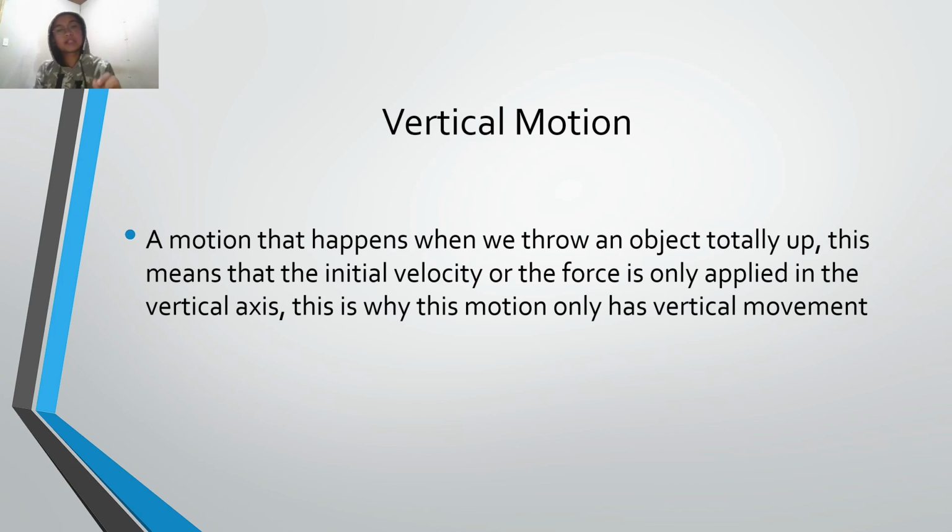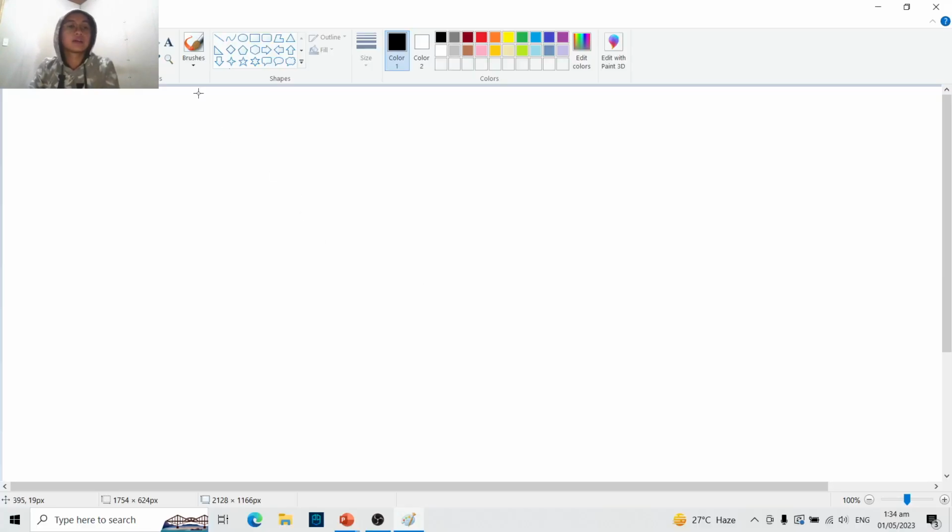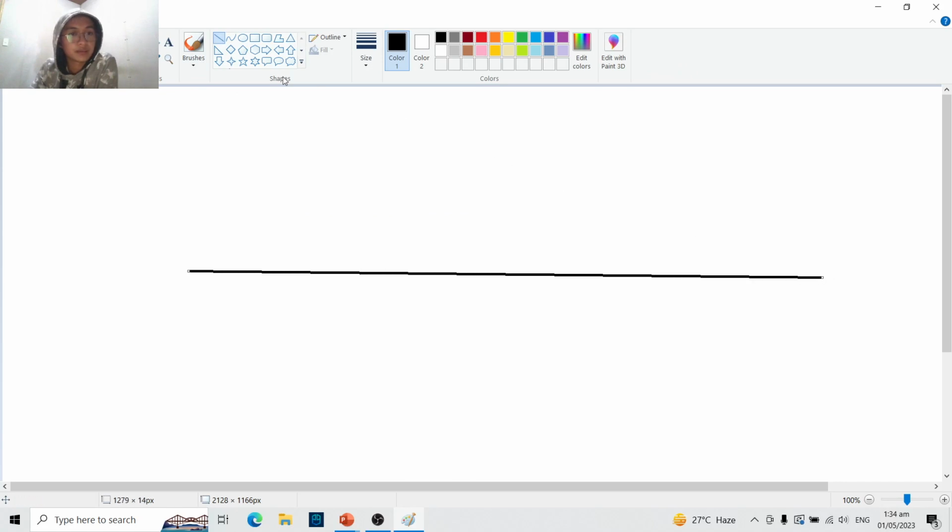If ma-remember ninyo sa horizontal na atong discussion, sample natay line and natay box, wala kay force nga i-apply ana nga box. Na ba na siya initial velocity? Of course, wala.